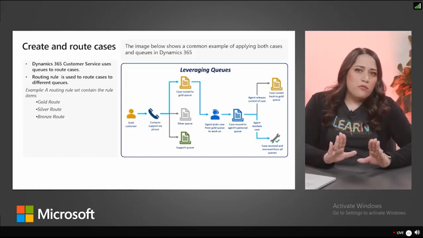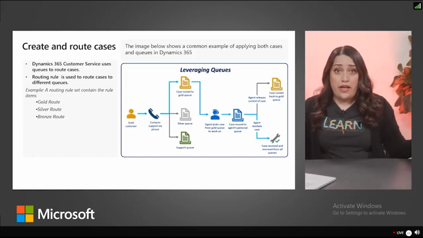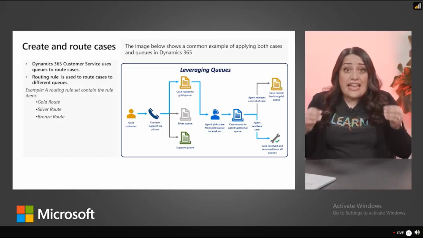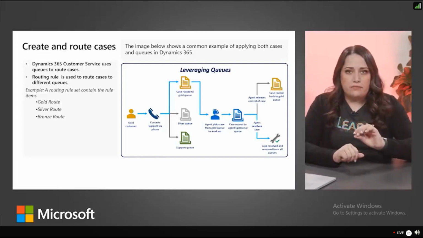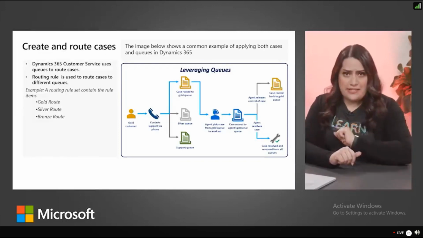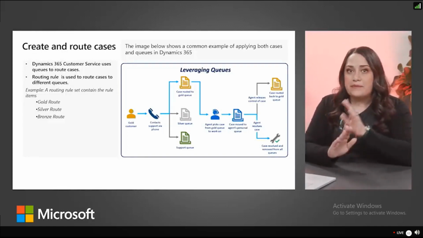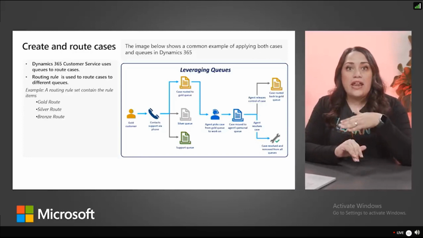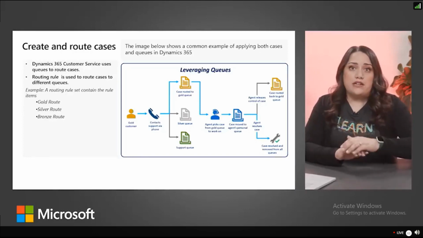However, that route can differ drastically from one organization to another. In fact, they can even differ from customer to customer in the same organization. You might be saying, what? But before we get to that, let's just start with the basics of routing. So if you have a customer who opens a case about product A, you can have that case automatically routed to an agent who is certified on product A.